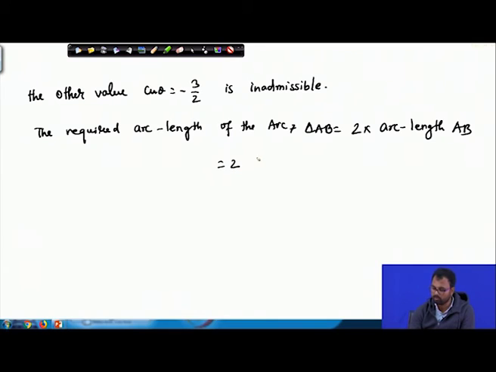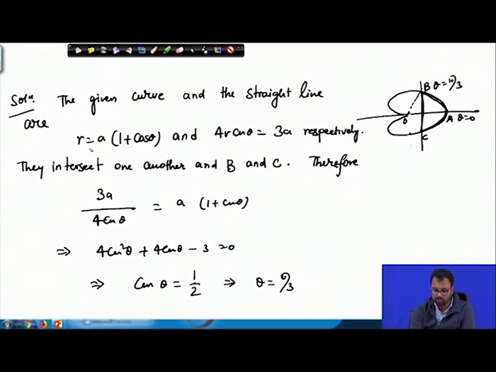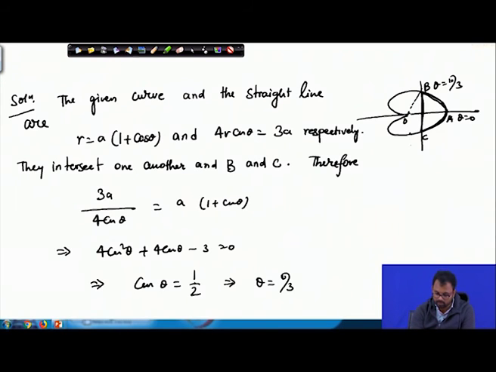So this is basically 2 times the integral with theta running from 0 to pi by 3 of the square root of r square plus (dr d theta) whole square, times d theta. We know that r square is a square times (1 minus cos theta) whole square, and dr d theta is basically a sin theta.